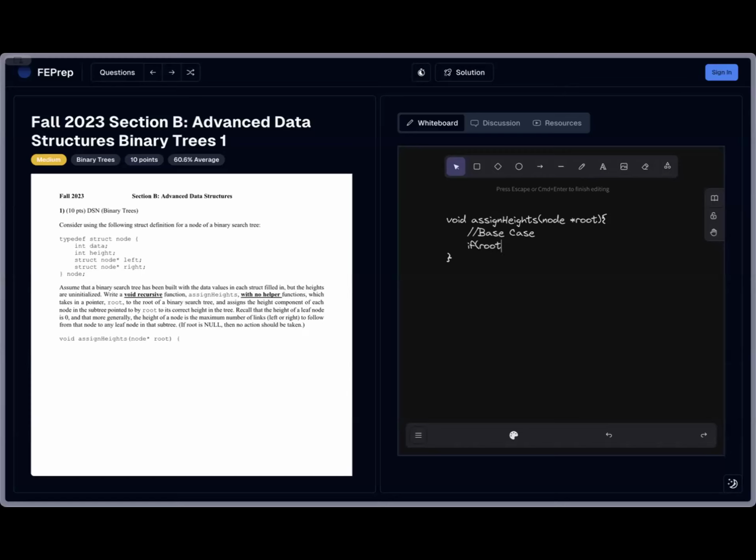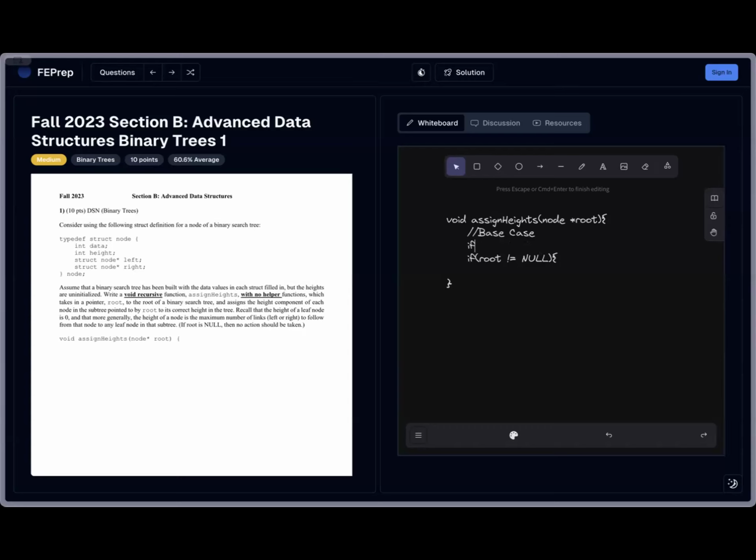If root does not equal null, there we go. So this is what you're gonna want to start off with. Since you're going with the assumption that if root is null, then no action is going to be taken, then you can honestly do a base case of this because at that point they're just going to assume that it's not null.